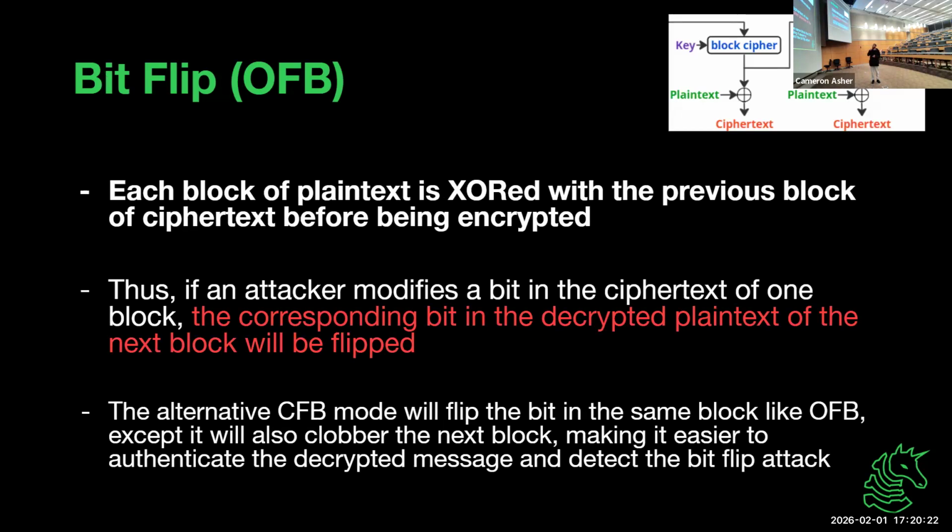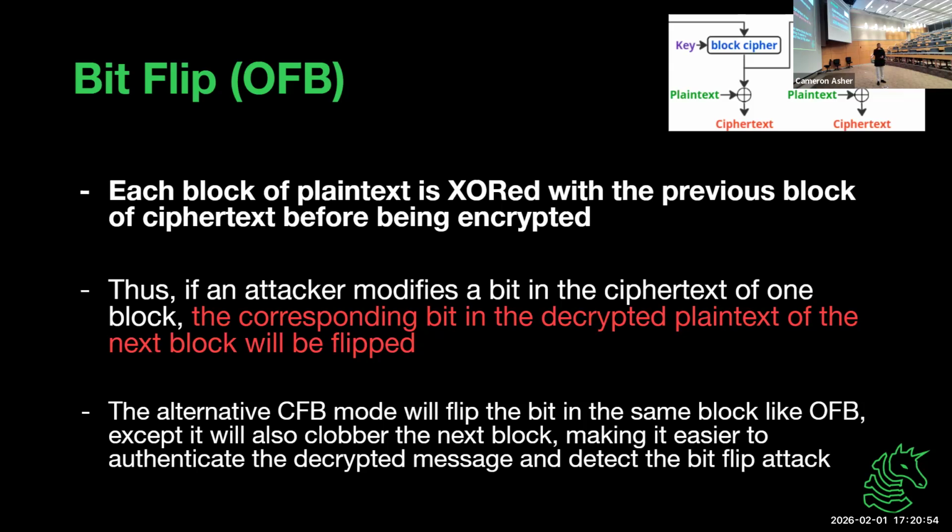First is bit flips, and this is in the OFB mode of AES. This is also a stream cipher, and you can see up here there's a diagram of how it works. Essentially what happens is that since we XOR the plain text with something to get the ciphertext, if we just flip a bit in the ciphertext, it will also flip the same bit in the plain text.